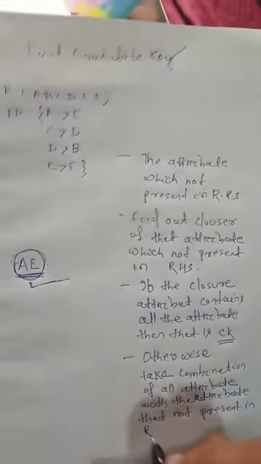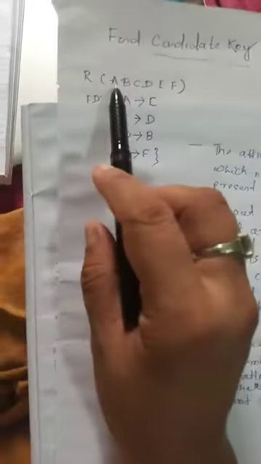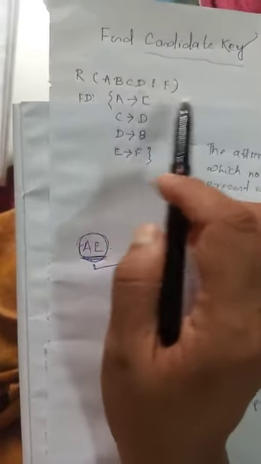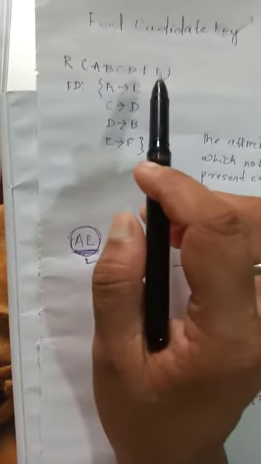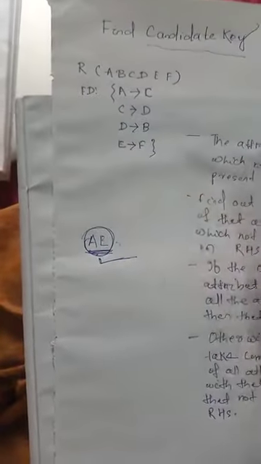If A determines all the attributes present in the relation, then that is your candidate key. Suppose A determines A, B, C, D, E and A, B is left. So in this case we have to take the combinations.